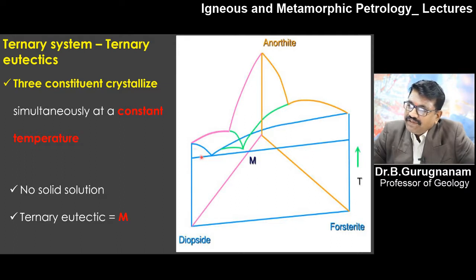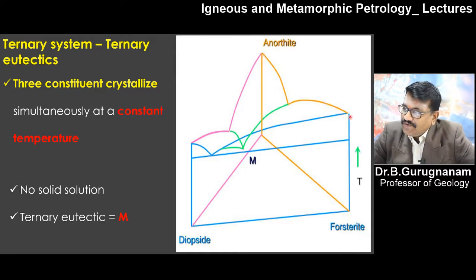There are three phases because it is a ternary system. This is one phase, and the other side is another phase. Assume that it is a chamber. In this chamber, magma is there, and the magma is composed of these. If the magma starts crystallizing, the temperature is represented on the vertical column. At this point, anorthite will start to form.